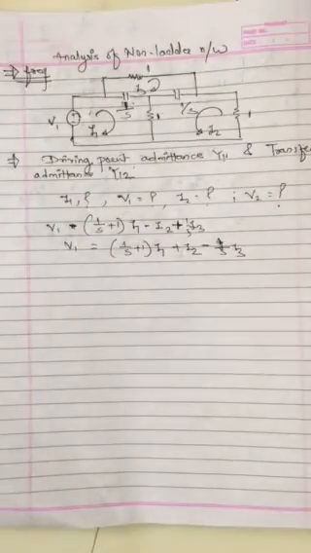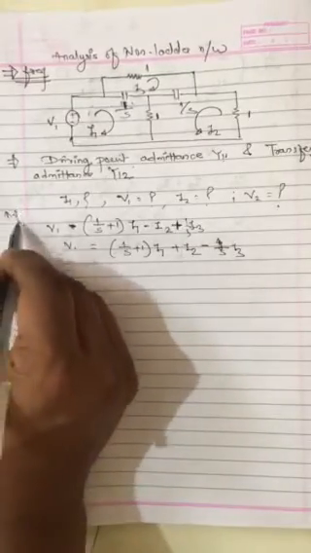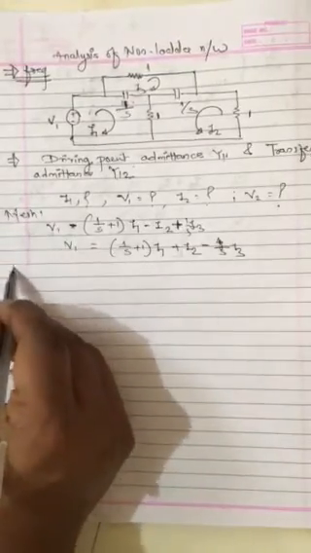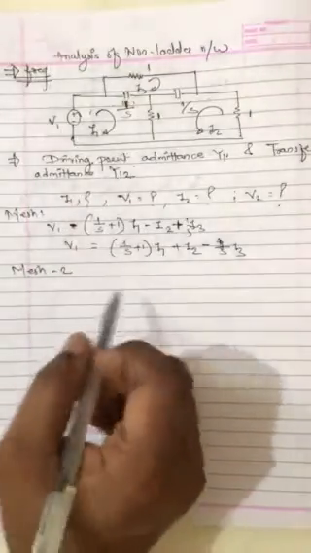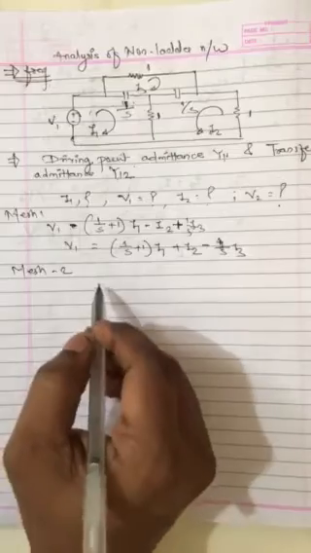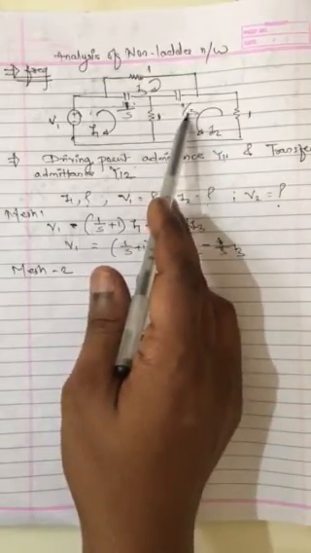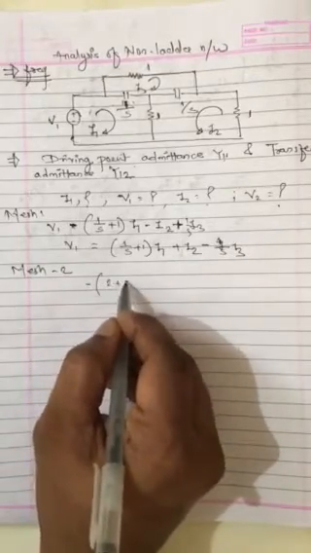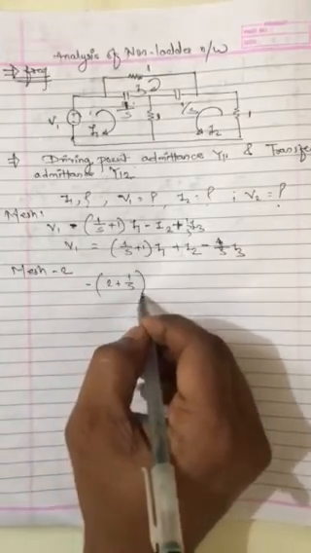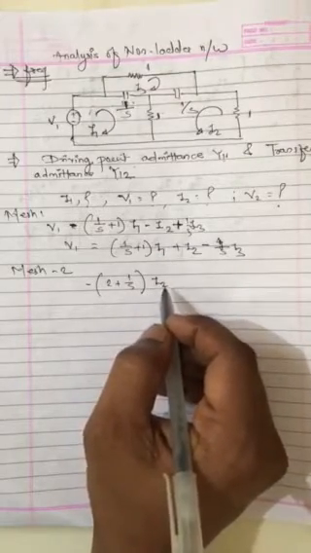This is mesh 1. Now let's apply KVL in mesh 2. In mesh 2 it will be (1 plus 1, so 2 plus 1 by s) into I2, am I right?